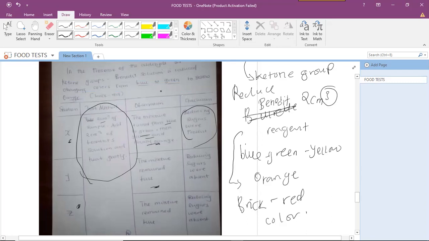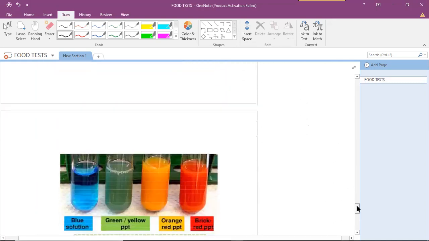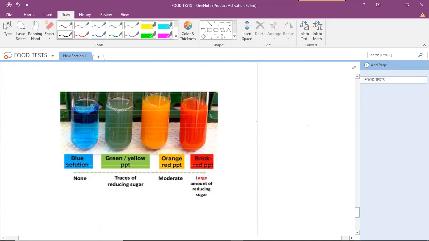If you see, upon heating, your color changes going from blue to green to yellow, then orange, finally a very bright brick red color, it means your reducing sugars are present in the solution. So here's a real life example. If your solution remains blue, it means no reducing sugars are present. If it's somehow green, it means just traces of reducing sugars are present. Mostly your test result is going to look like this.